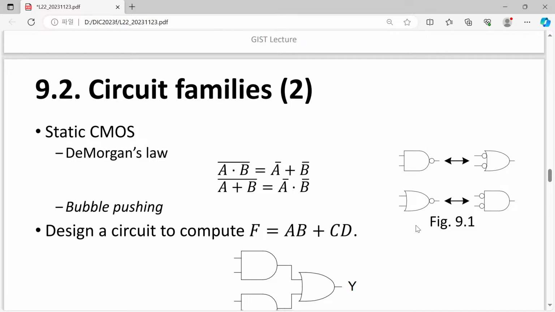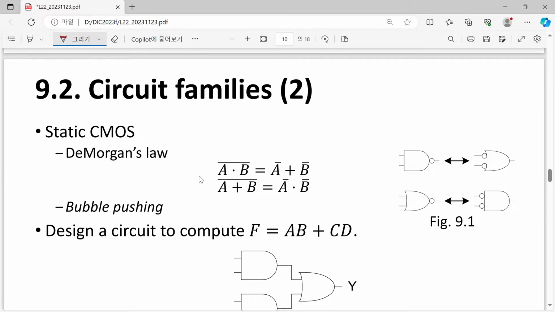For that purpose, we use De Morgan's law. Simply speaking, it means that taking the inverse of AB becomes inverse A or inverse B. I'm just writing down this one, and the other one is the inverse of A or B, which is simply given by AND of A bar and B bar. So that is just given as this diagram.